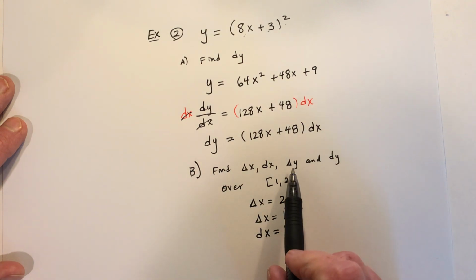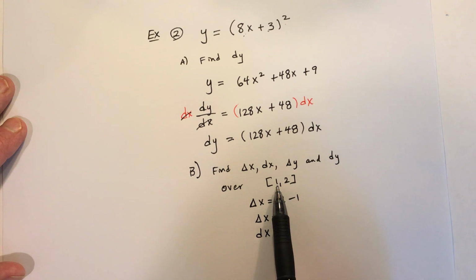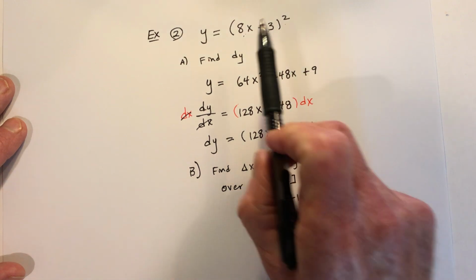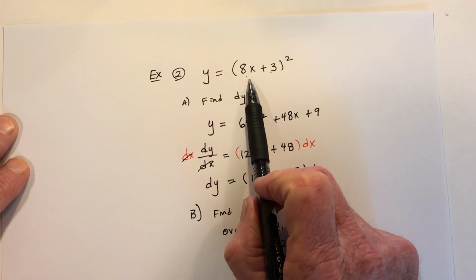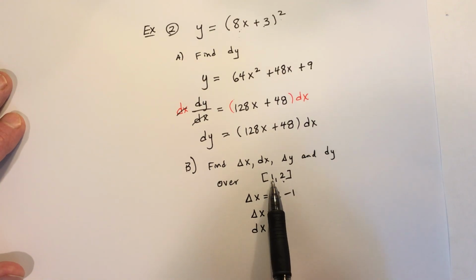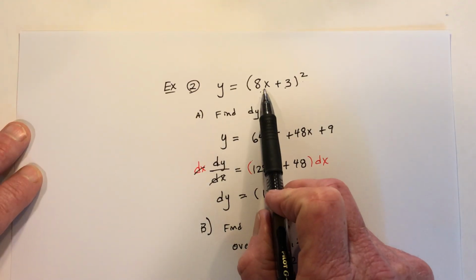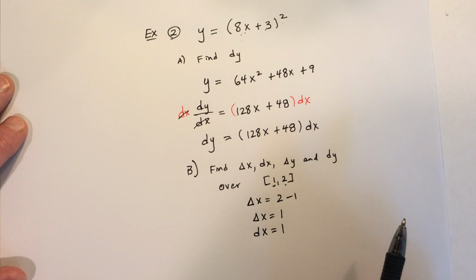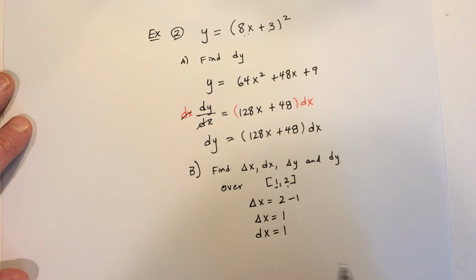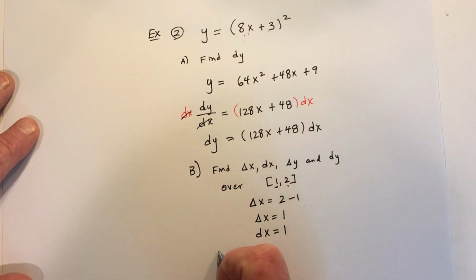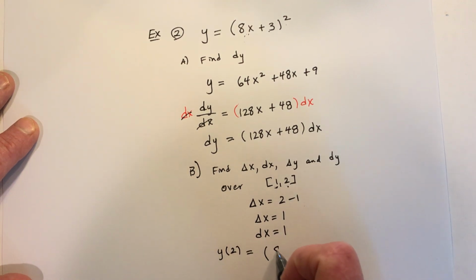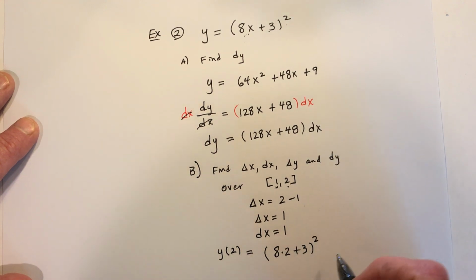Now delta y means subtract the two y values. So we need to take the 2, plug it into the original function and see what we get. Then take the 1, plug it into the original function and see what we get, and then subtract those two. So the y value, when I substitute a 2, first of all, is going to be (8 times 2 plus 3) squared.